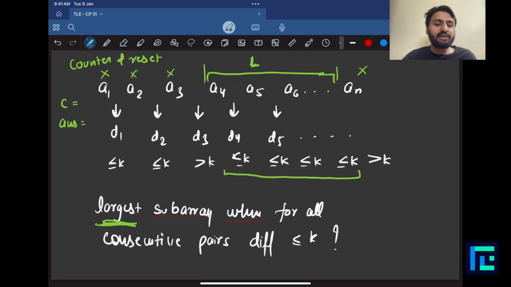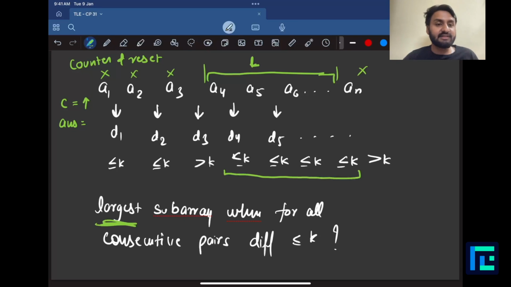Then I want to check two consecutive elements. When I find that two consecutive elements have a difference less than or equal to k, I'll increase my counter by 1, else I'll reset it back to 1. This will help me gather all the exact segments for which consecutive pairs had a difference less than or equal to k.